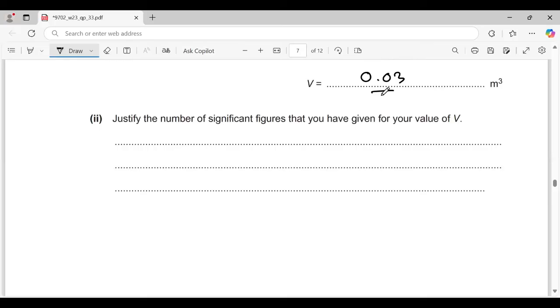The 0s are not significant figures, only 3, so there is one significant figure, and that is 3.